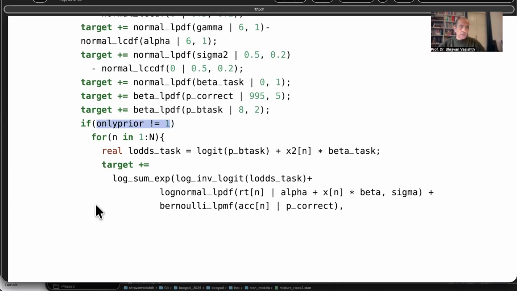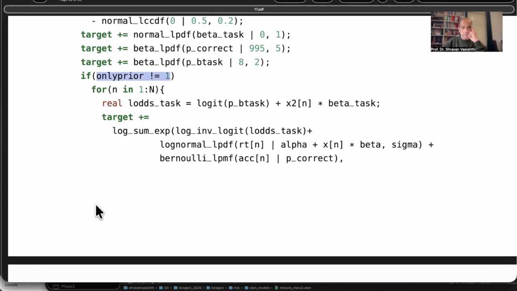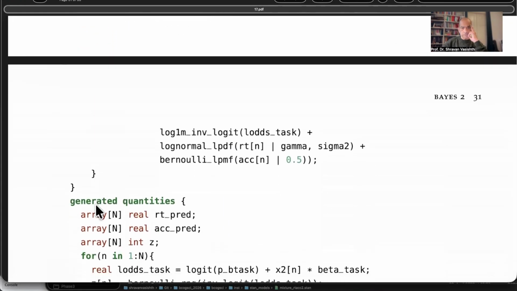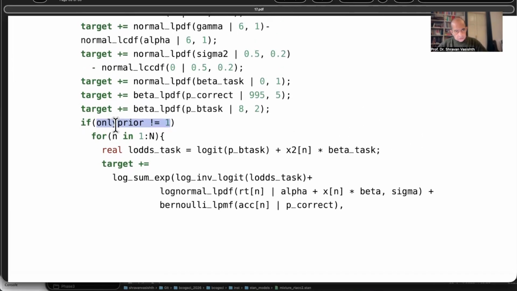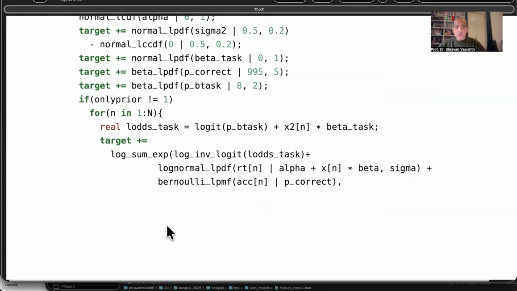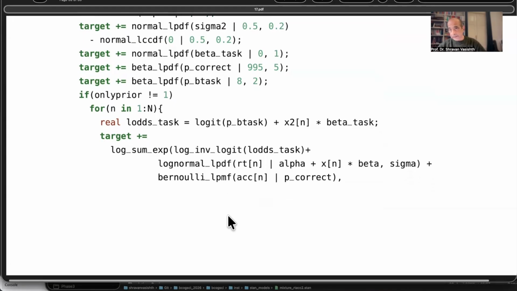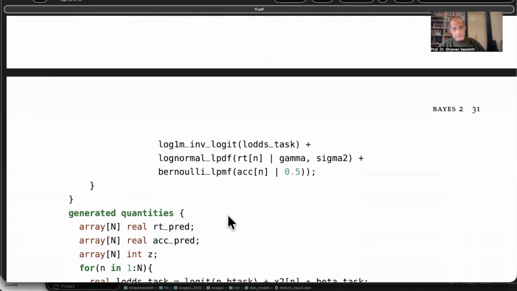And if only prior is set to 1, then this will be 0. So we will not generate any posteriors for the parameters, right?